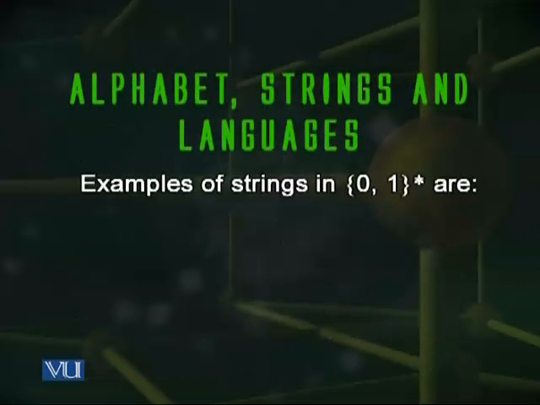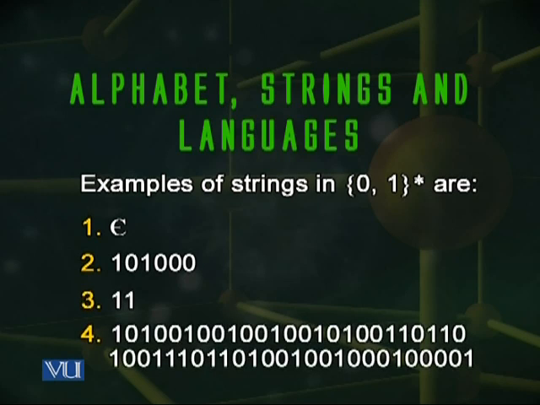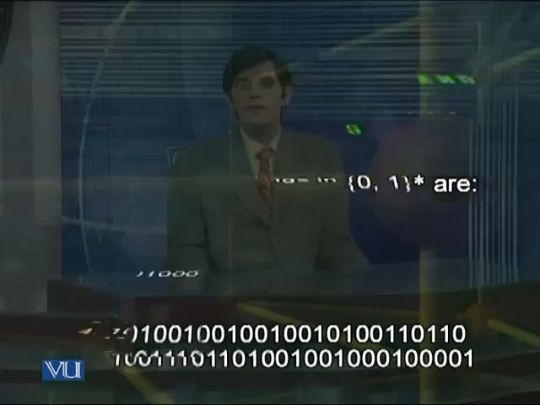Examples of strings in 0, 1 star are the empty string, 1, 0, 1, 0, 0, 0, 1, 1, and the last example, which is an extremely long string over this alphabet 0, 1, too long for me to read right now. So if sigma is an alphabet, sigma star denotes the set of all strings over the alphabet. So if we take the alphabet 0, 1, then what are the things that are in sigma star?